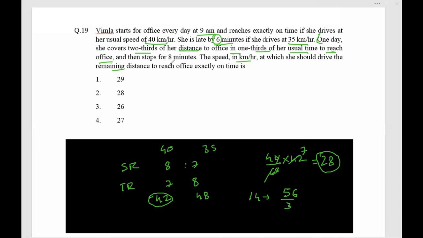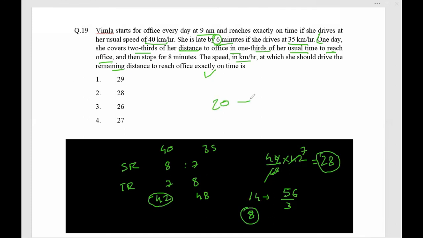And then she stops for 8 minutes. 8 minutes she is not traveling at all. At what speed should she drive now to reach on time? So how much time is spent already? 1/3 time spent, plus 8 minutes, 22 minutes gone. So how much time is left? 20 minutes.